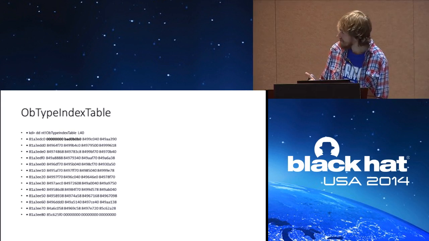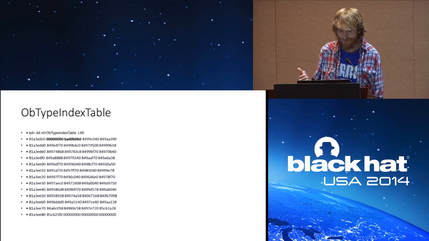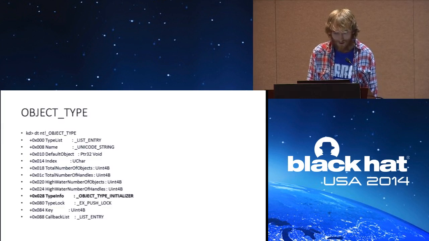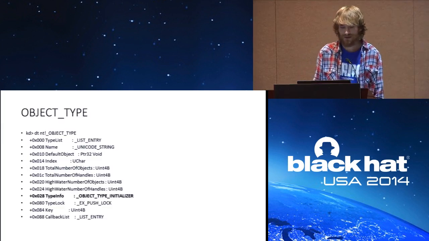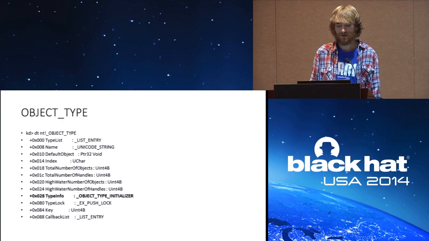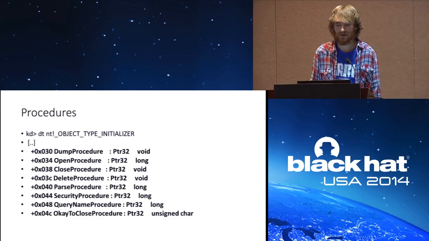This debug print is for Windows 7 and Windows 8, because on Windows 8.1 it looks a little bit different. So the object type structure contains another structure, and this structure contains an array of function pointers.